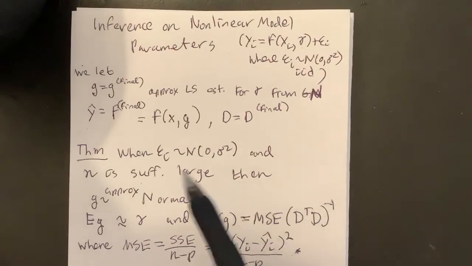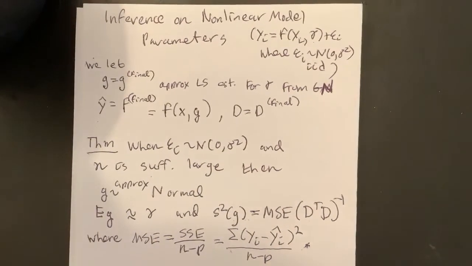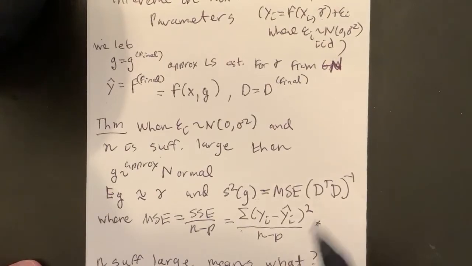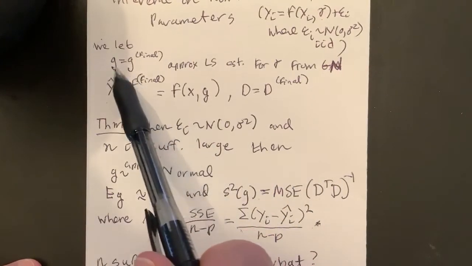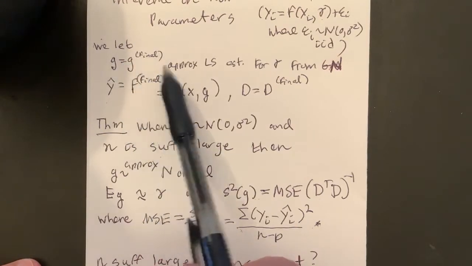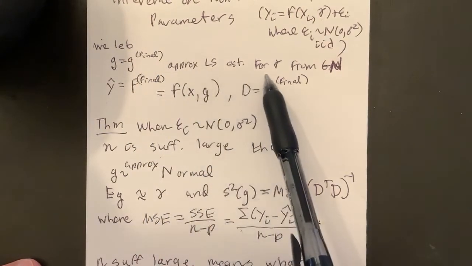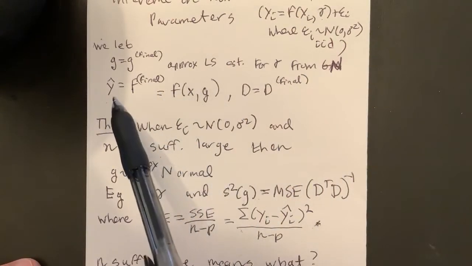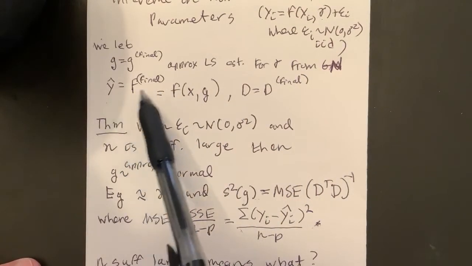So for notation purposes, from the Gauss-Newton method, we'll write G with no superscript, and this just means the approximated least squares estimate for gamma from Gauss-Newton. And we'll let y hat be f final.